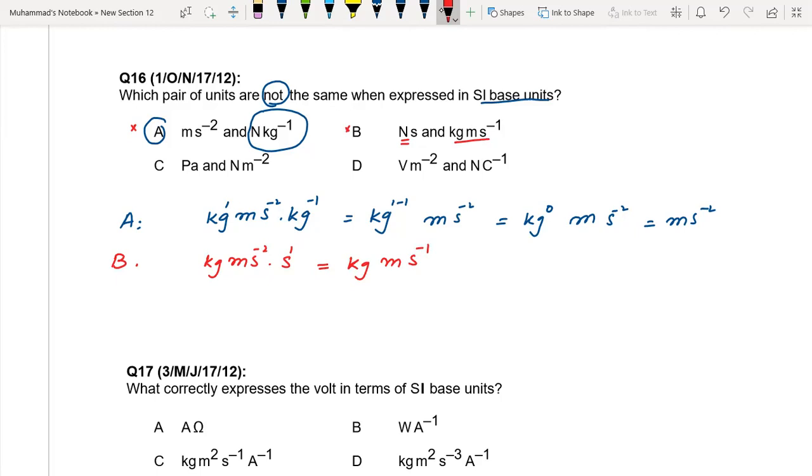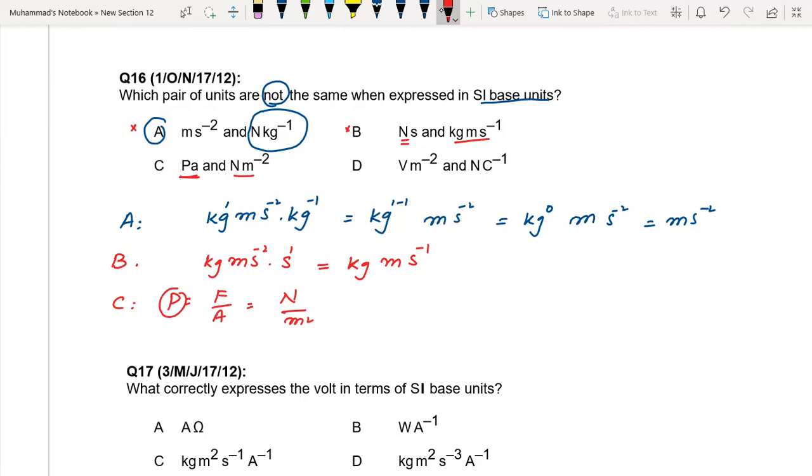C is, this is the unit of pressure, that is Pascal, and this is Newton per meter square. You know that pressure is force over area, and the unit of pressure is Pascal.